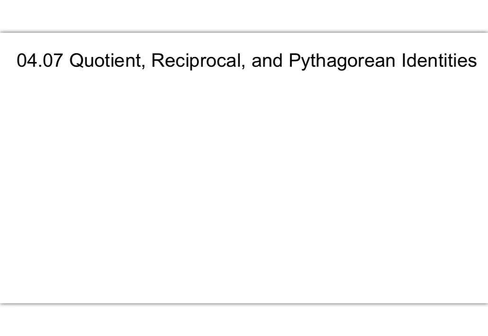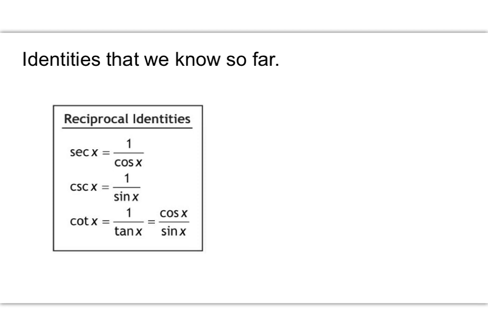The big idea for an identity is that we have different ways of writing things that mean the same thing. We've talked about this with reciprocal functions, that secant and cosine are reciprocals. We could also say the same thing in terms of cosine of x is 1 over secant of x, and sine of x is 1 over cosecant of x.